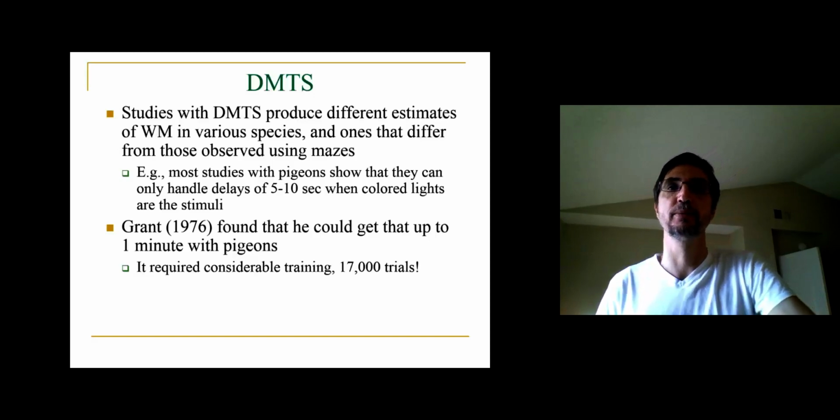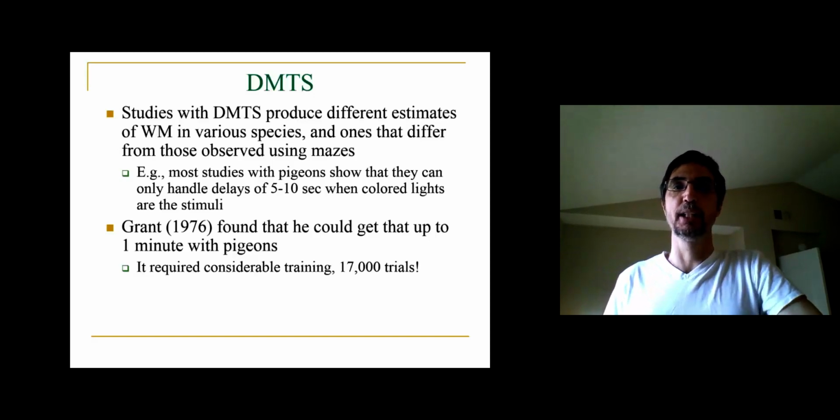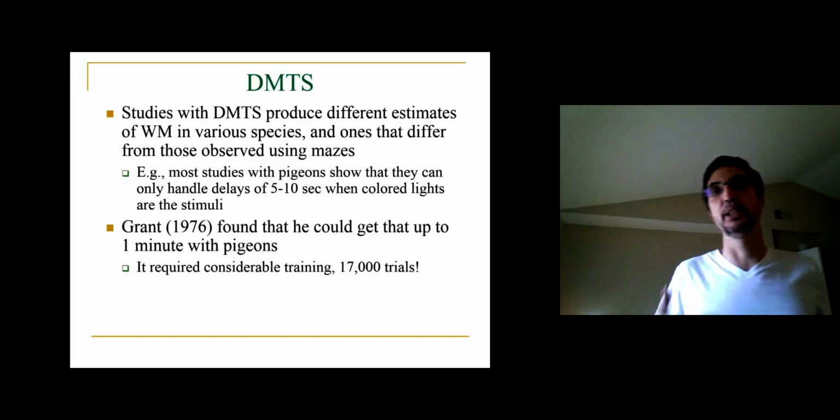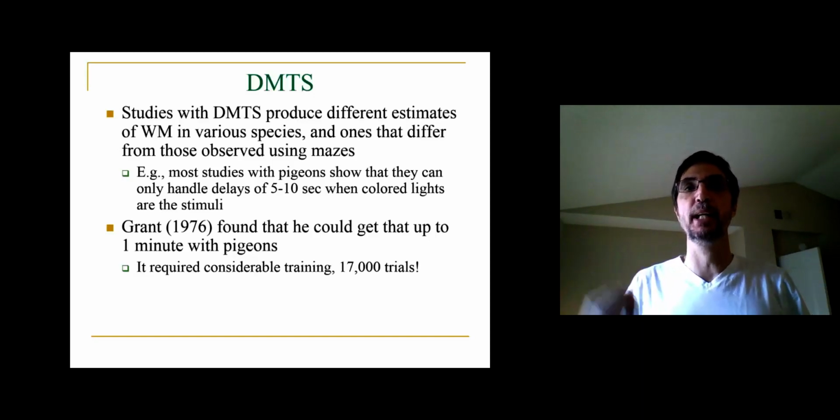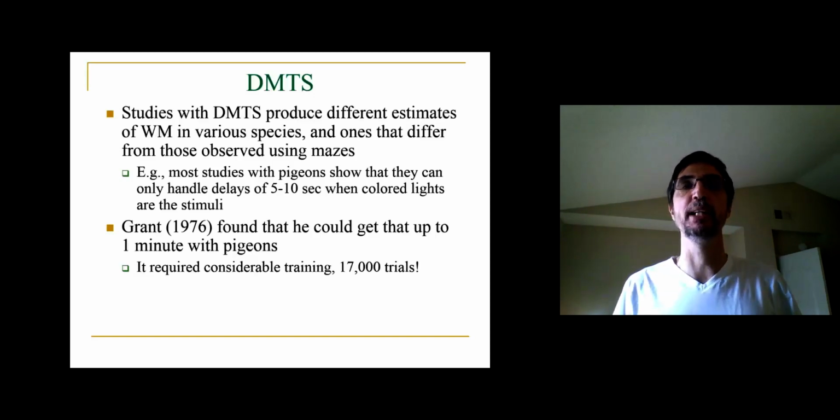Now Grant, a real trooper, found that he could get working memory to remain accurate up to a minute with pigeons. But this required 17,000 training trials, which is ridiculous.